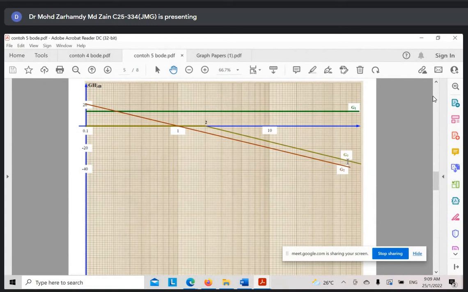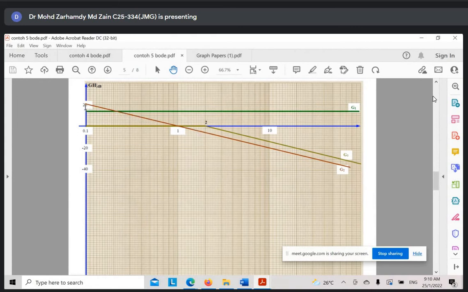Okay, kalau kita lihat kat sini, kita nak combine line ni, nak combine gradient. So bila kita lihat kat sini negative 0.1 until 2 we only have this line. Okay, gradient.